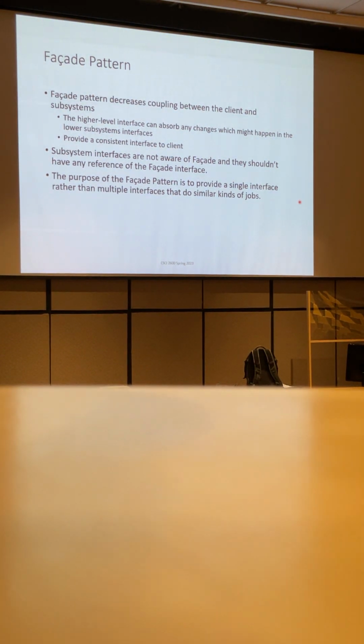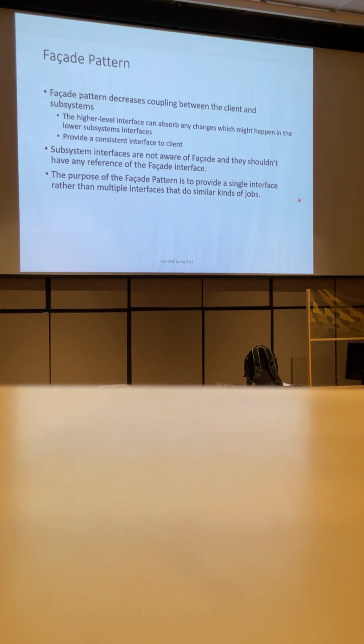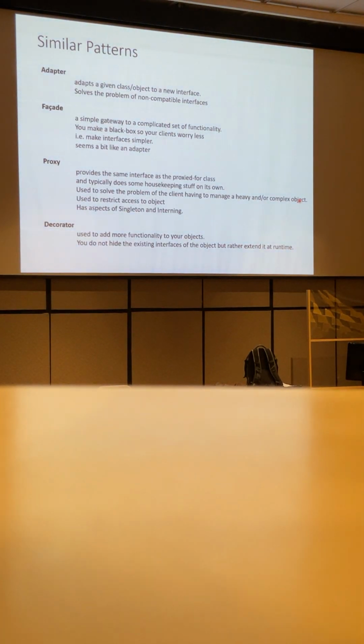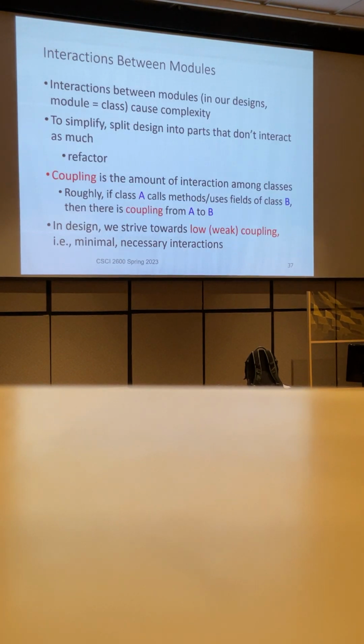Of course, the purpose of this pattern is to provide a single entry point, a single interface, rather than having the client work directly with this complicated library. Here are a few similar patterns, and we will also review them: adapter, proxy, and decorator.